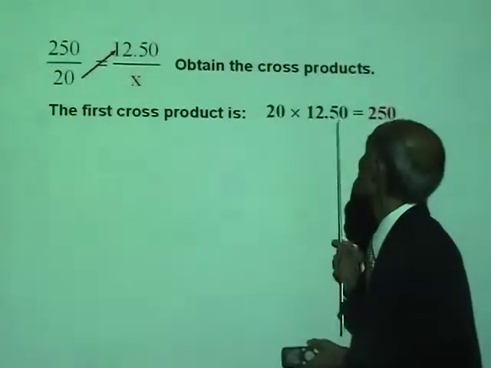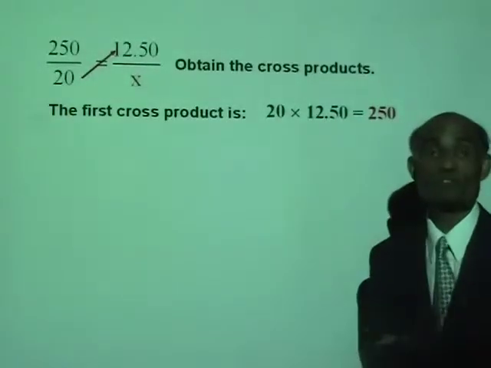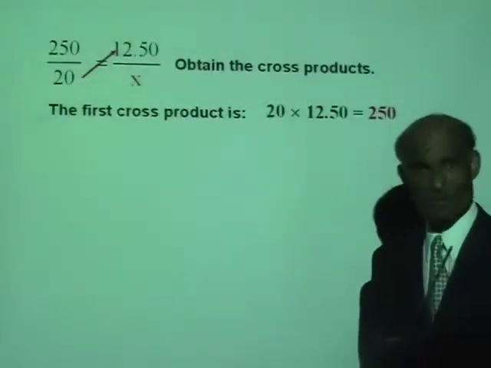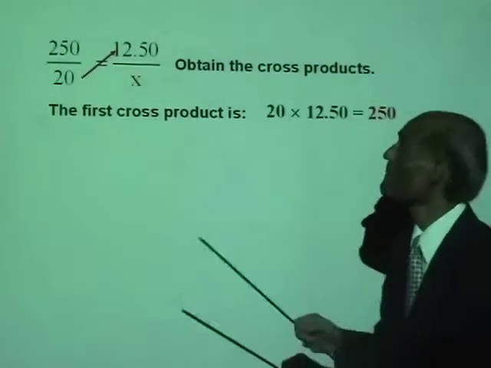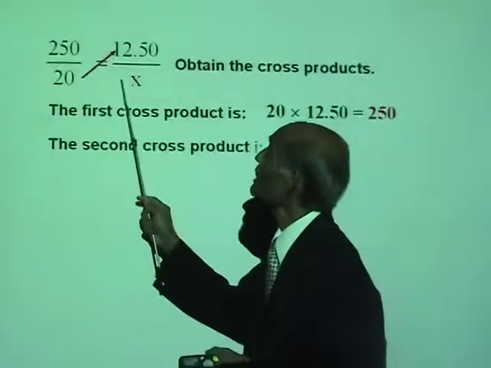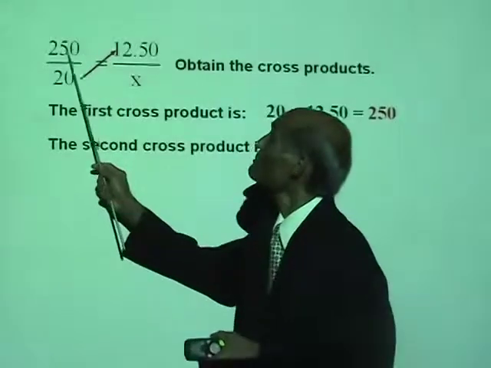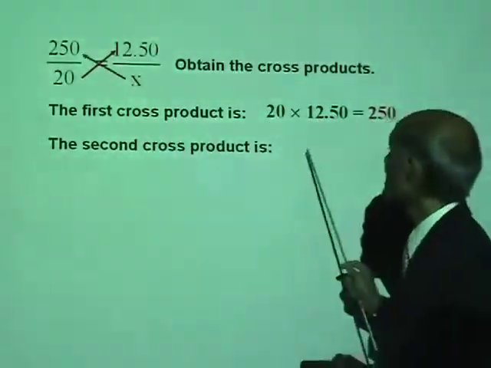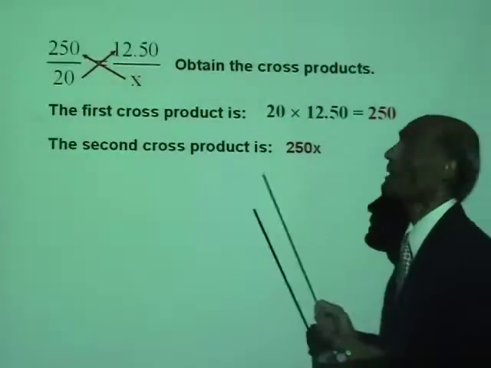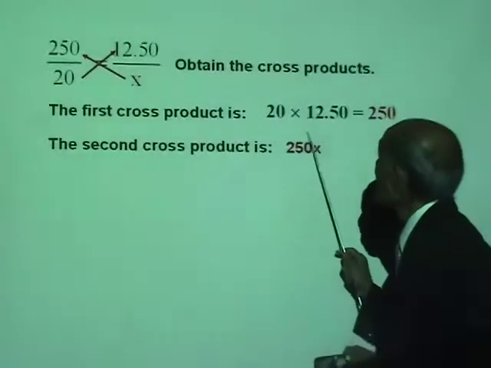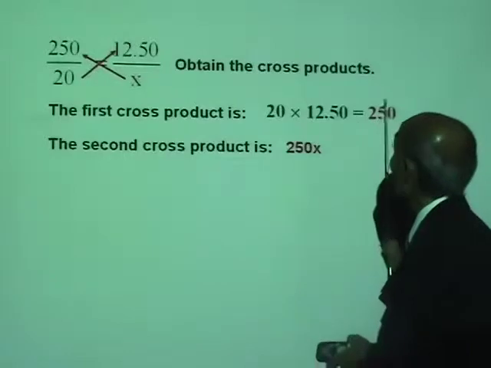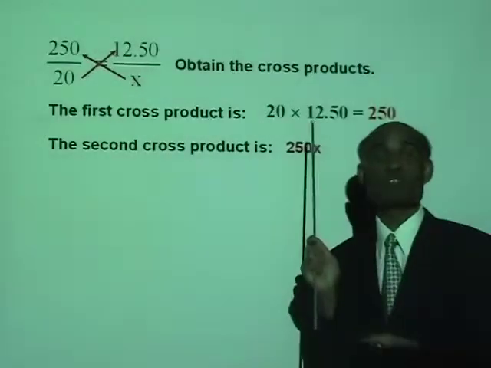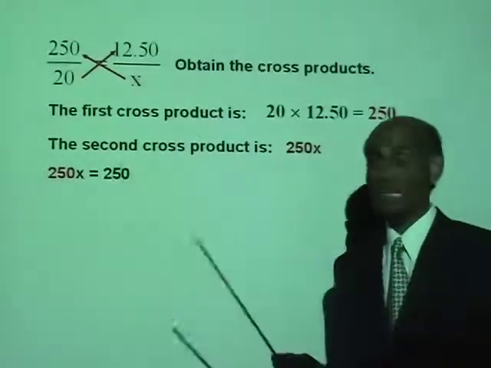20 times 12.5 is 250. Is that right? Yes? The second cross product is X times 250, or 250x. Now, the 250x must be equal to 250. The cross products must be equal.